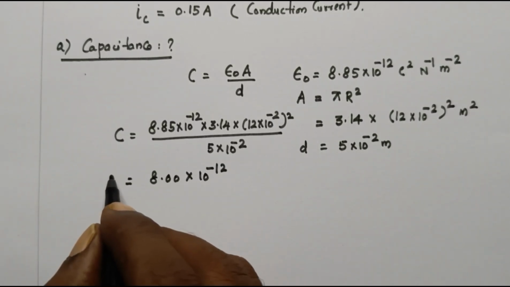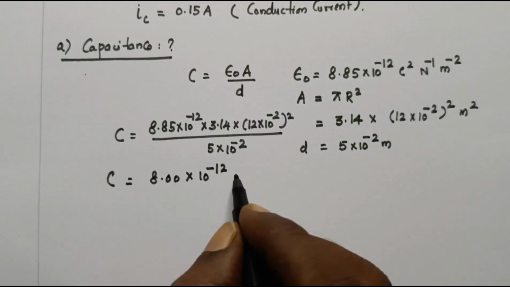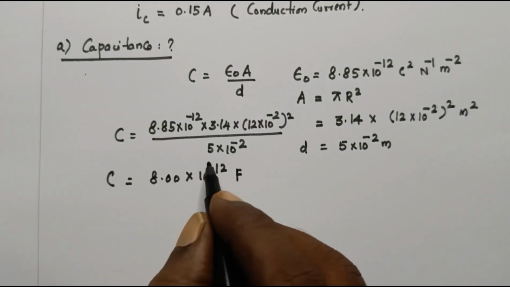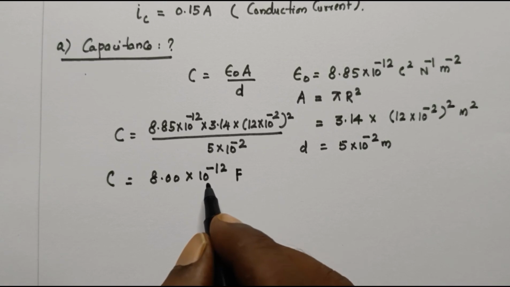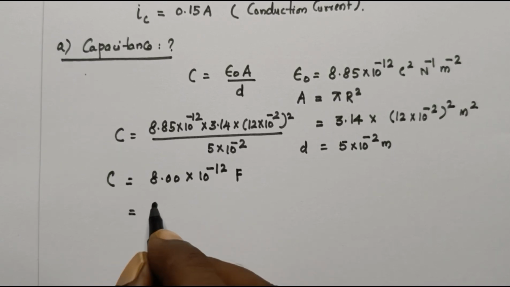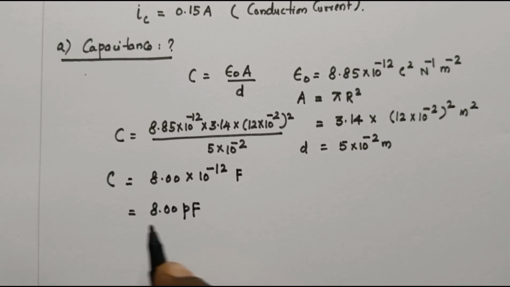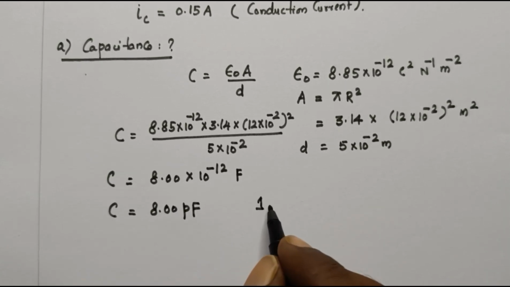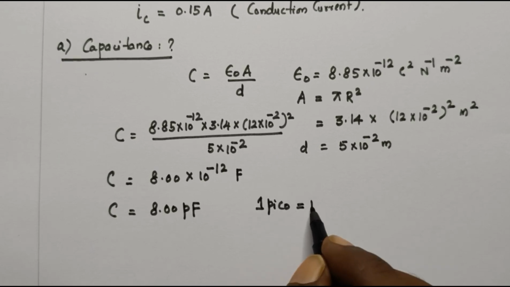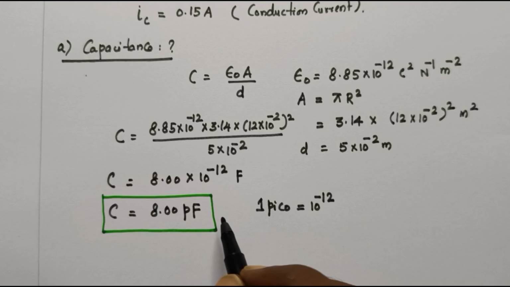This is the capacitance of the capacitor. Unit of capacitance is farad. Now we can write the 10 to the power minus 12 as pico. Therefore, this is equal to 8.00 picofarad. 1 pico is equal to 10 to the power minus 12. This is the answer for the first question.